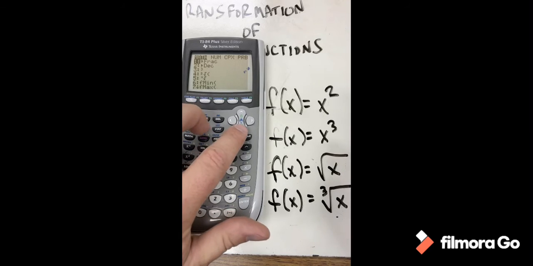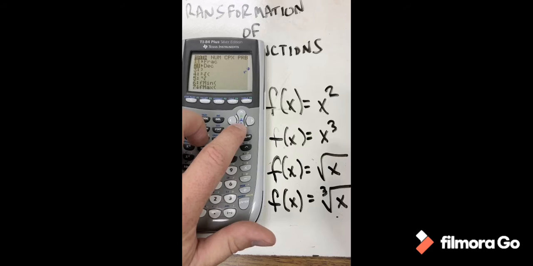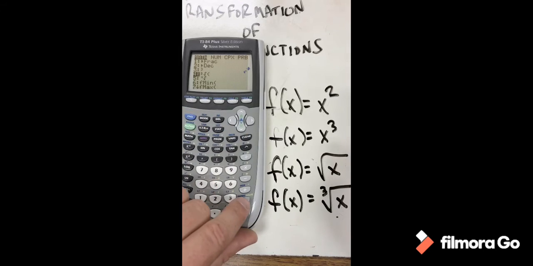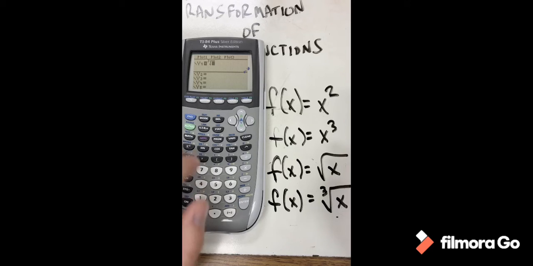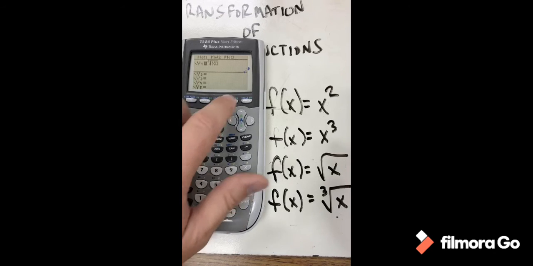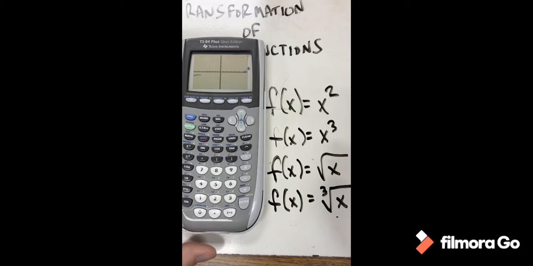For the cube root, I'm going to scroll down to number 4 and hit enter. That's going to give you the cube root, and then we can type in x, so the cube root of x, and then hit our graph, and that's going to give you your function for that one.